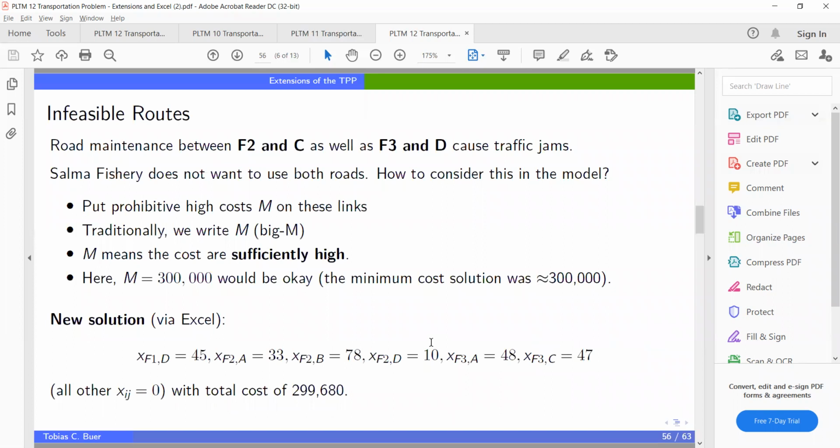We have also two extensions to the transportation problem. And these extensions are very well explained in chapter 6.4 of Nahmias.